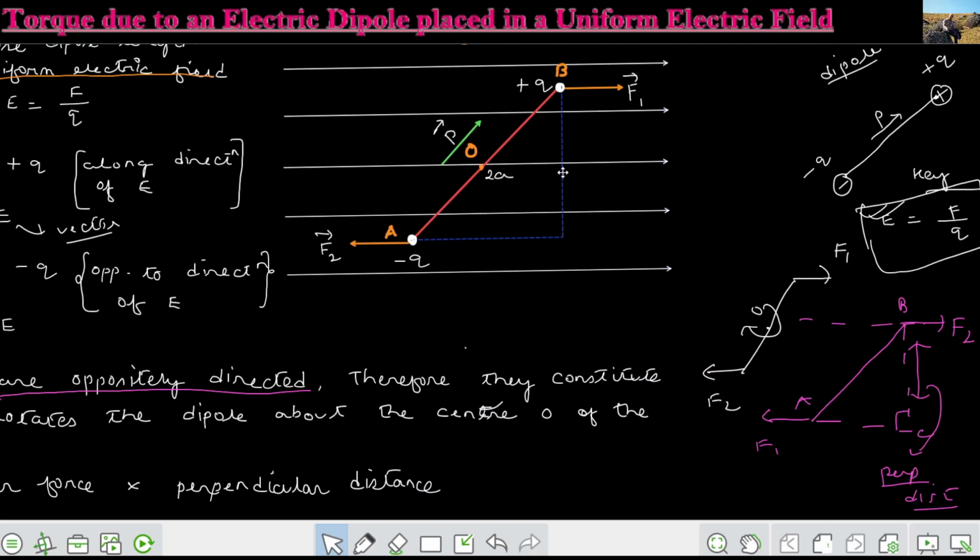You get a right angle triangle, in which this angle is equal to 90 degrees. So you can find the perpendicular distance; in this case, BC is our perpendicular distance.